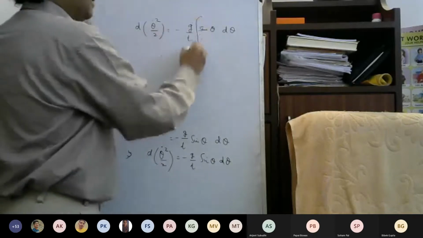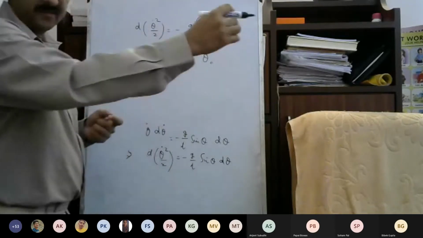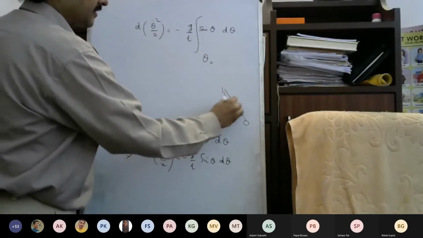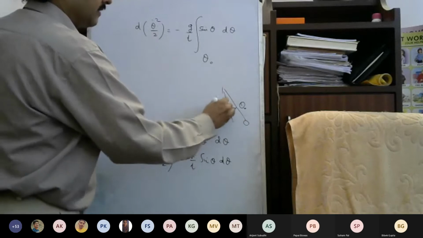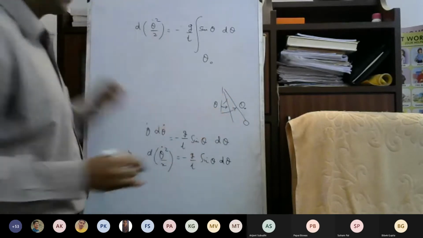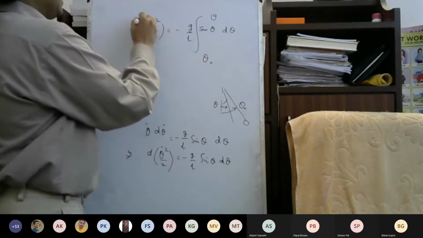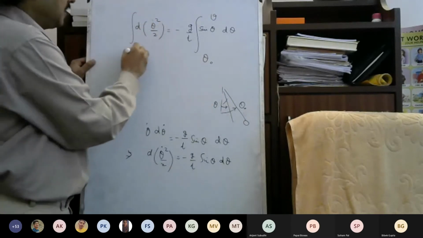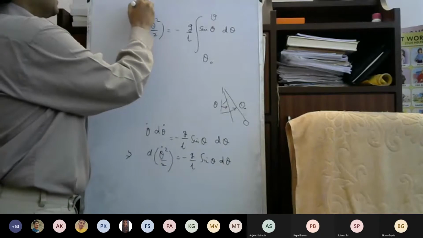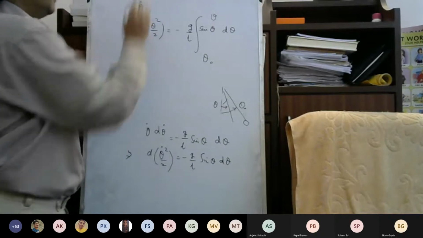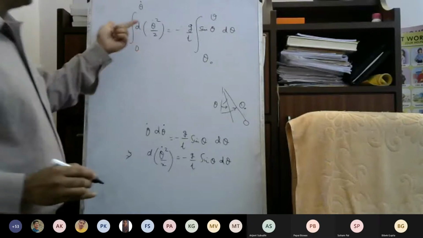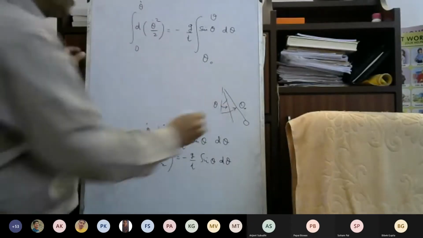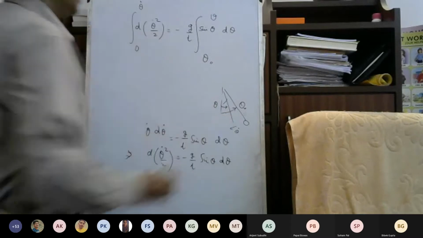You integrate from, let us say, theta naught, the extreme position, to a position at theta. So it has come from theta naught to theta, and the corresponding velocity at theta naught, theta dot, was 0. I name the velocity at a particular angle theta as theta dot.